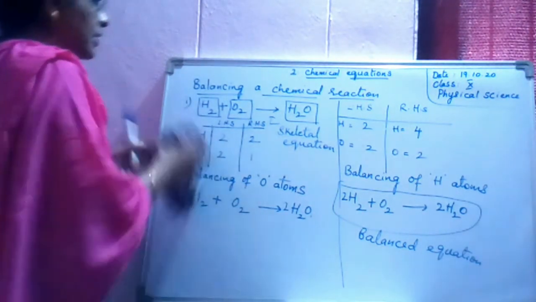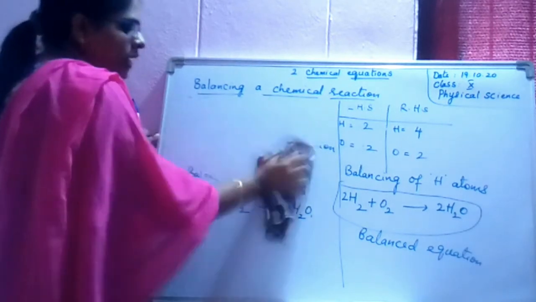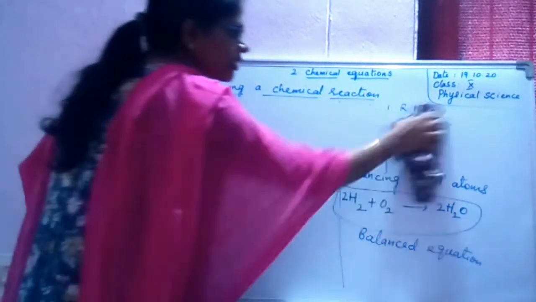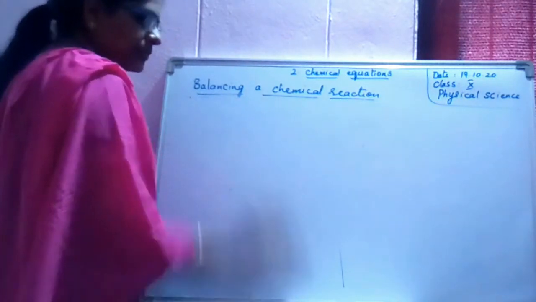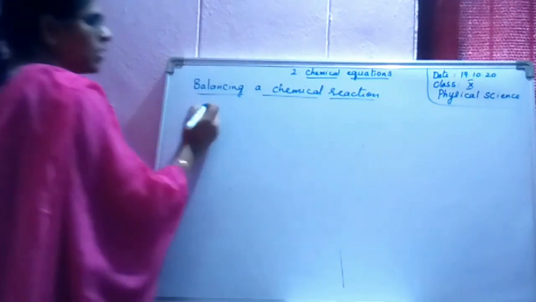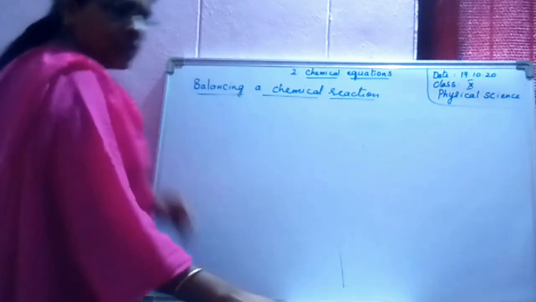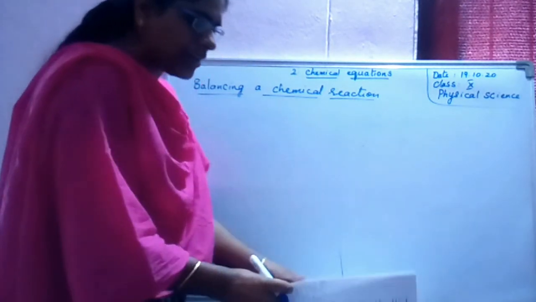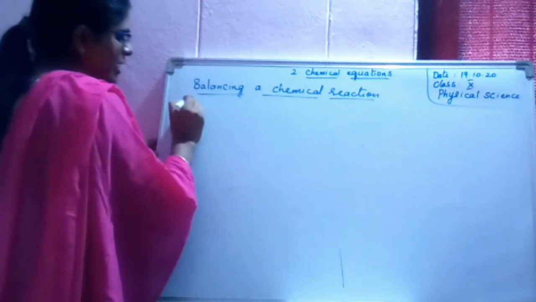Now let me give you one problem for your homework. Note down one equation. Let us do the problems given at the back of the chapter. So let's do this one. Balance.